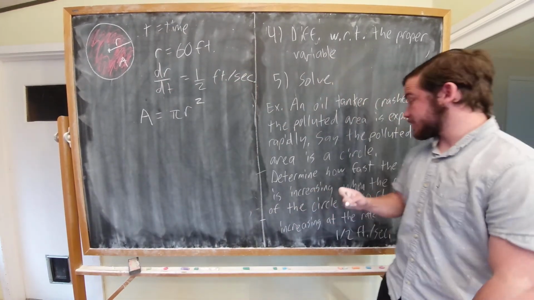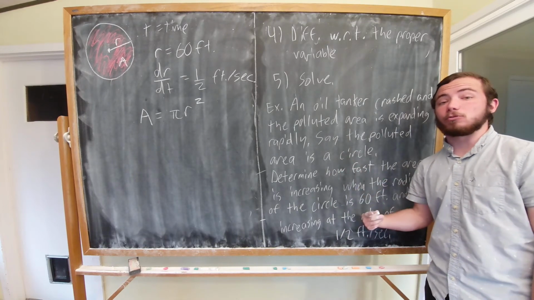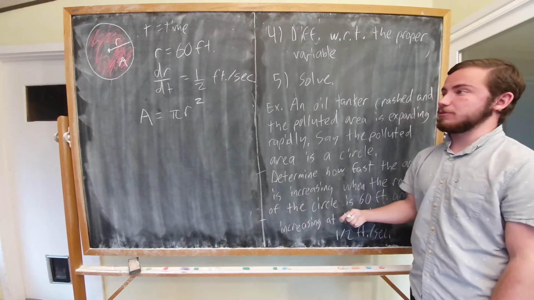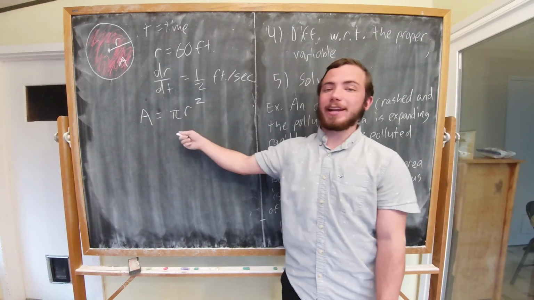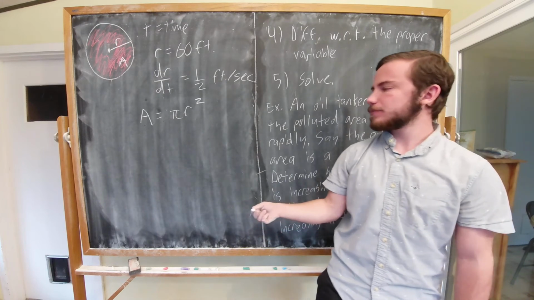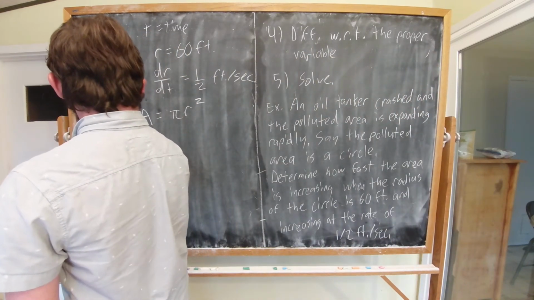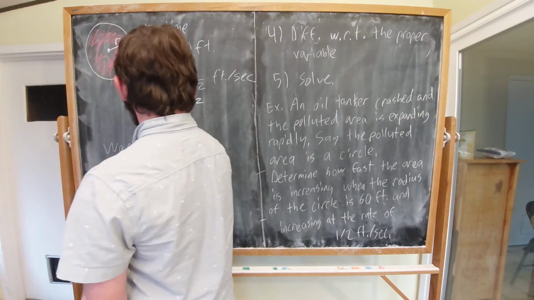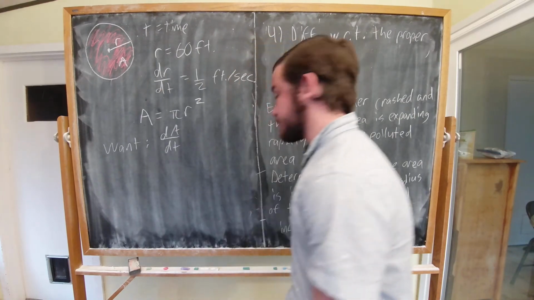That's important information since I'm looking for how fast the area is changing with respect to time, and I know something about how the radius is changing with respect to time. Now I have a relationship between area and radius. That's enough for me to start solving. So I want dA/dt at this moment in time.